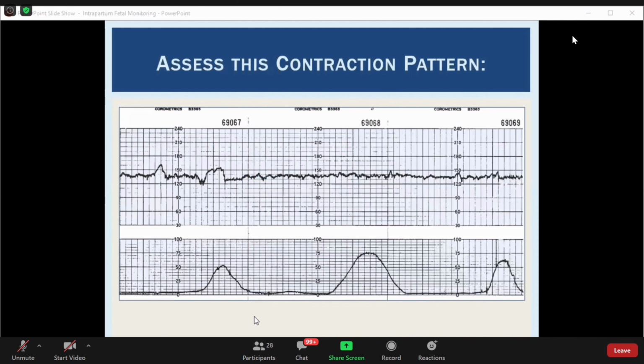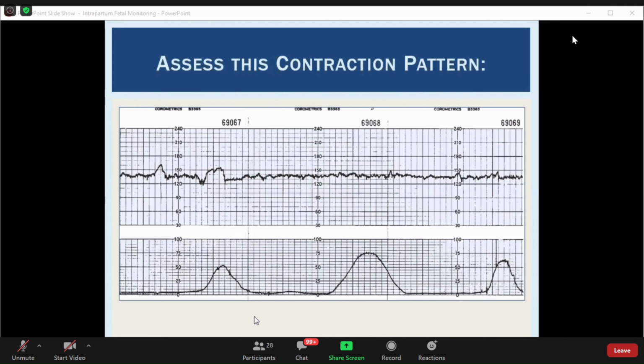So looking at this strip, what can you tell me about the contractions? And I don't know is not an option. What do you think about this contraction pattern?